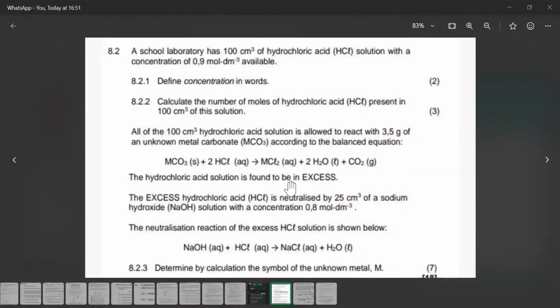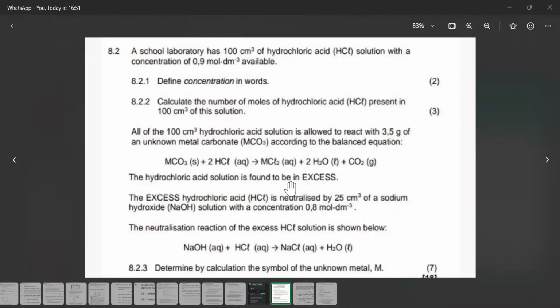We are just going to skip that for the time being because it's very easy to find the moles anyway. Now they say all of the 100 cubic centimeters of hydrochloric acid solution is allowed to react with 3.5 grams of an unknown metal carbonate. So we don't know what the metal M is.